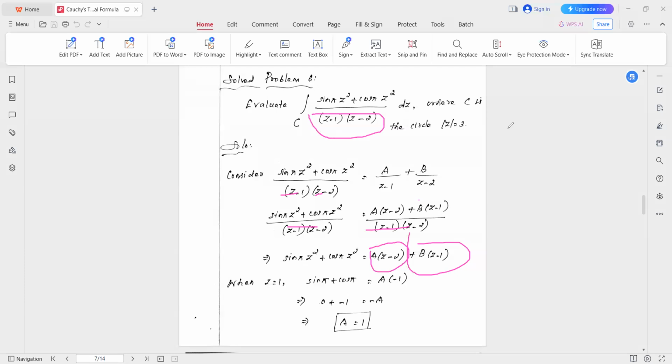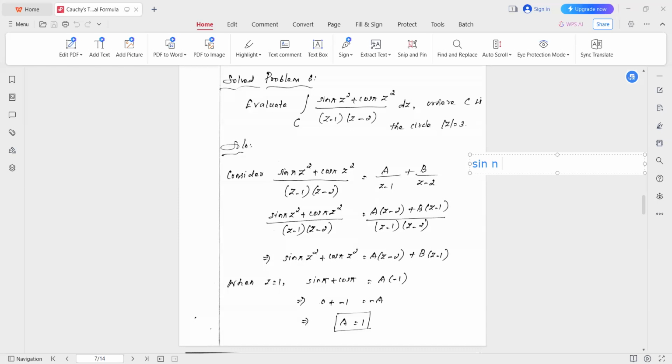What is the general formula? Always keep it in your mind that sin nπ is always 0, for any value of n. Cos nπ, the general formula is (−1)ⁿ.